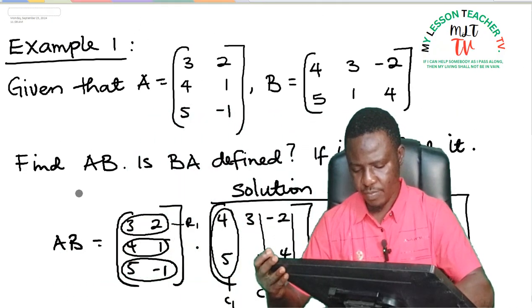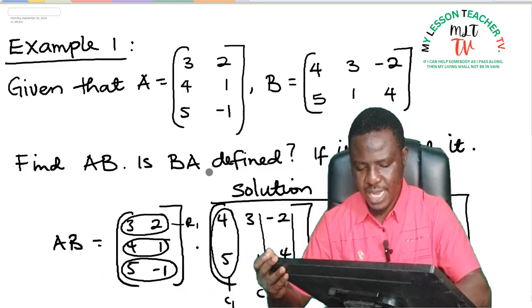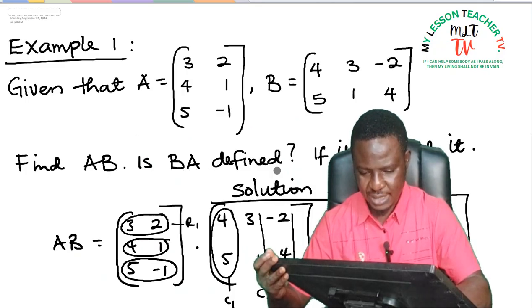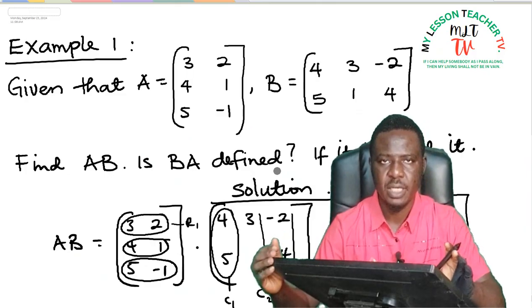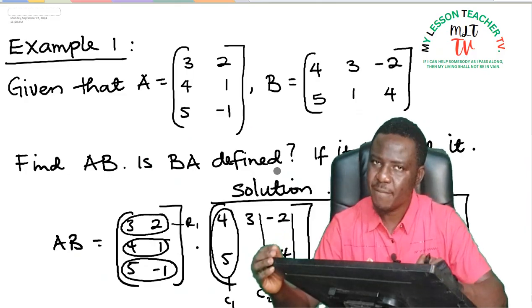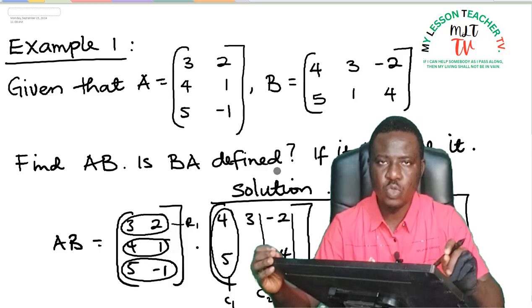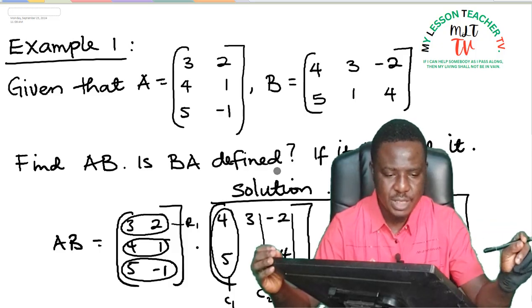The question is, is BA defined? For a matrix product to be defined, the column of the first matrix must be equal to the row of the second.